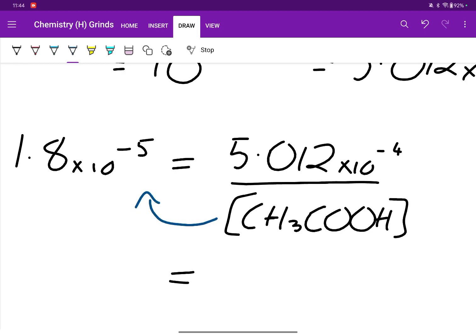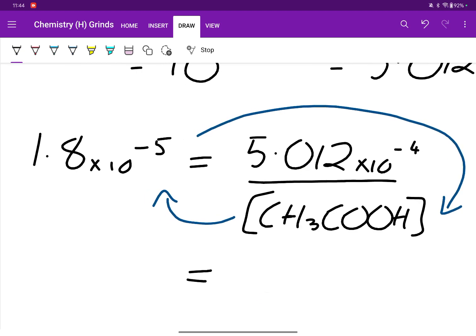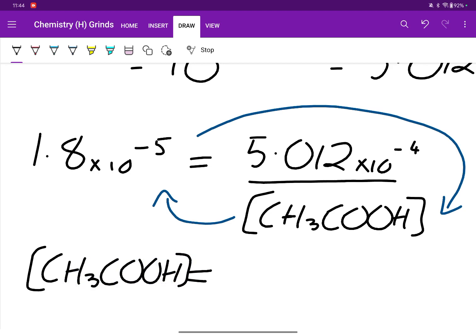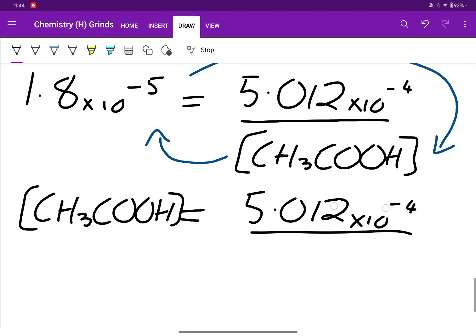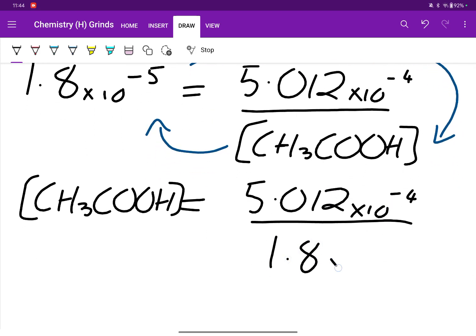We're going to bring this up here and bring this down here. So we get then the concentration of ethanoic acid is equal to the very same fraction we had earlier, 5.012 by 10 to the minus 4 over 1.8 by 10 to the minus 5.